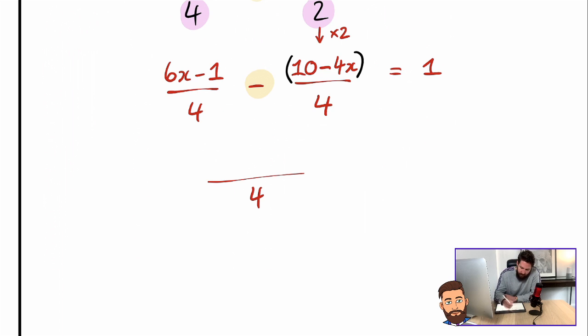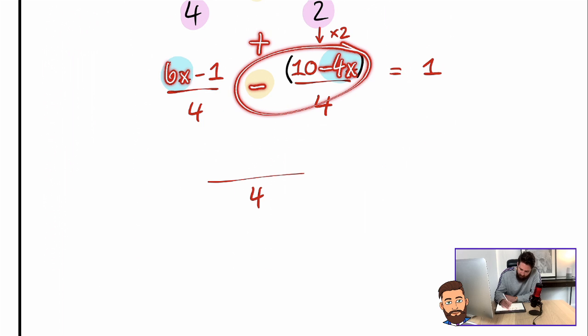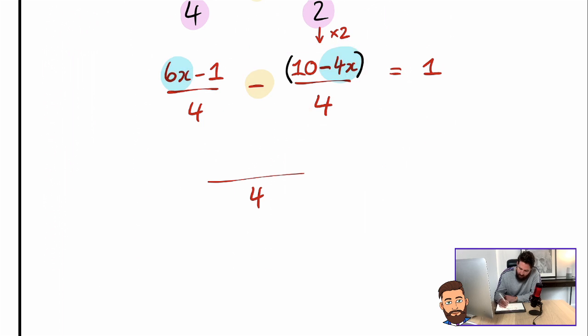We've got 6x minus 4x. And that's really important. 6x minus 4x. Well, if you minus a minus, this is going to become a plus. So this is saying to me 6x plus 4x, which is 10x.